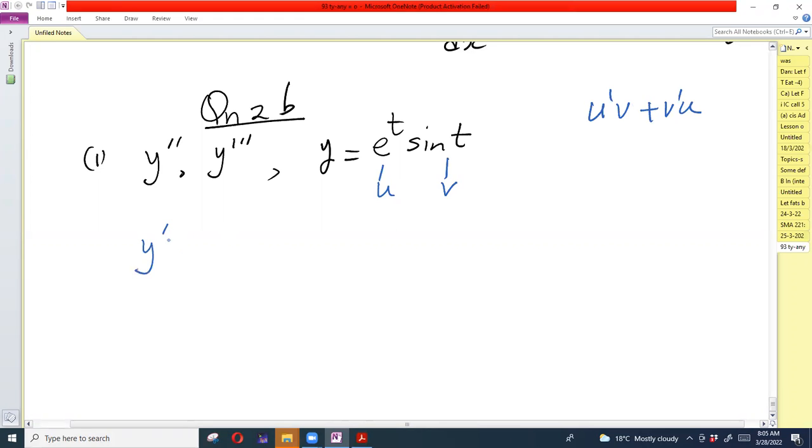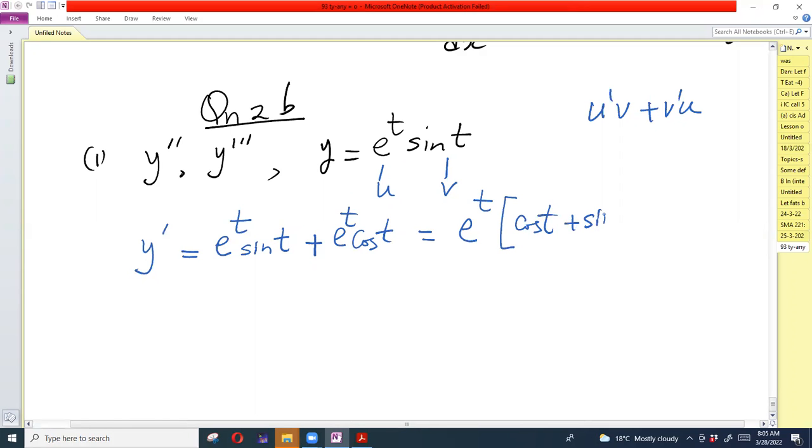So the first derivative will be given by u prime, which is e raised power t, times v, sine t, plus v prime, which is cos t. This will be e raised power t cos of t, which you can write as e raised power t into cos of t plus sine of t.